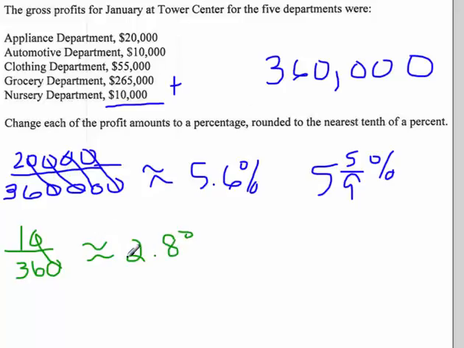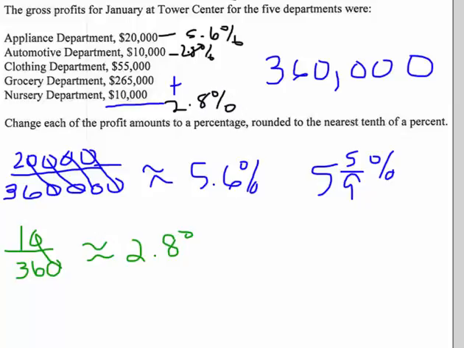Alright, then as we look at that, we know that that's the nursery, and we know it's the automotive. So we've got 5.6%, 2.8%, and 2.8% down here at the bottom.